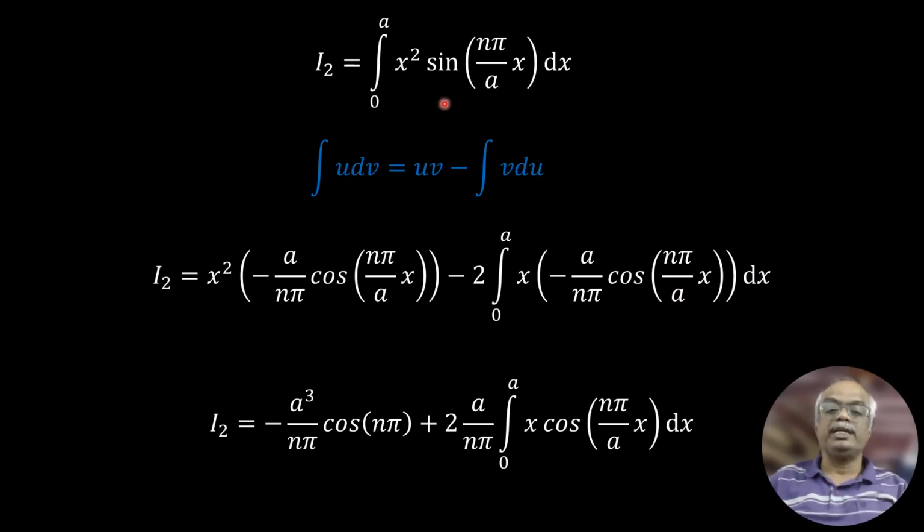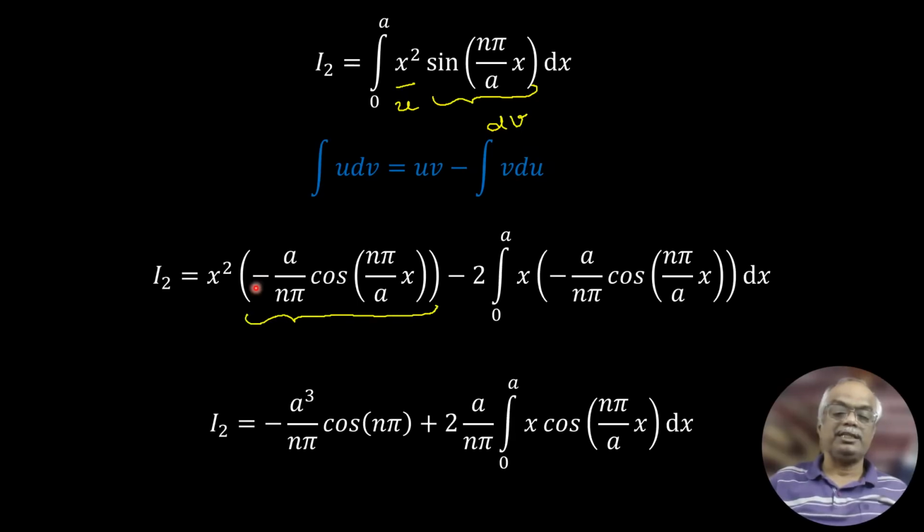Now integral I2 is the integral between 0 to a of x squared sin n pi by a x dx. Here also you do the integral by parts. Here you can keep x squared as u. This sin term is dv. Then v, we have seen in the first case, is equal to minus a divided by n pi cos n pi by a x.